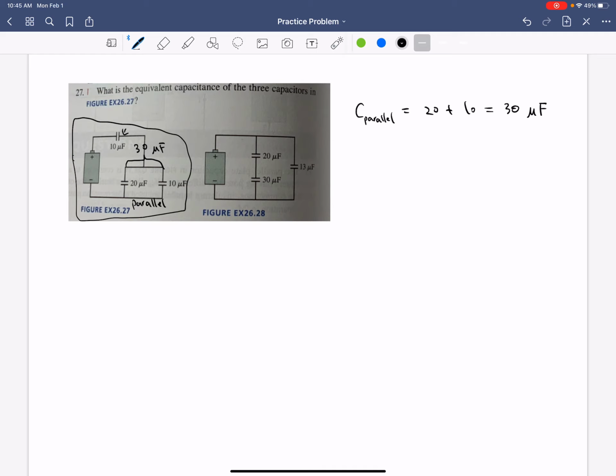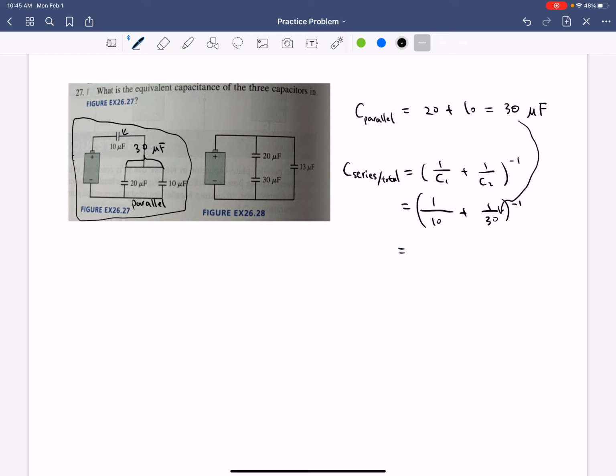Then you use the formula for series capacitors, which gives the total capacitance here, and that equation is 1 over C equals 1 over C1 plus 1 over C2, and then invert it. So it equals 1 over 10 plus 1 over 30, inverted.